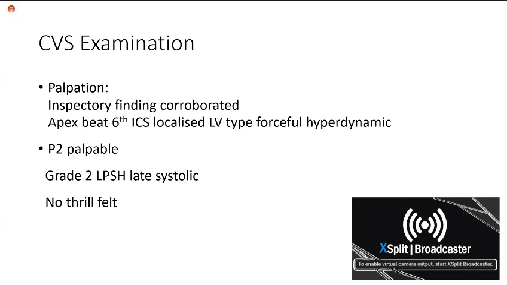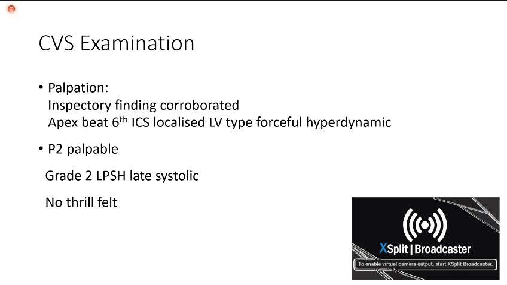In which intercostal space is the transmitted pulsation from the LA felt? In case of transmitted pulsation from the LA, it will be in the third intercostal space, rarely in the fourth also. But RV will be more lower down, in the fourth and fifth intercostal space.